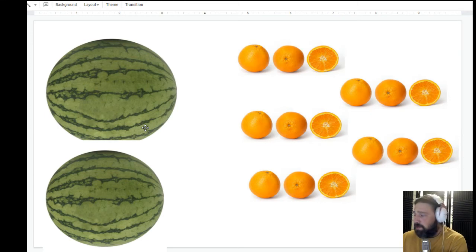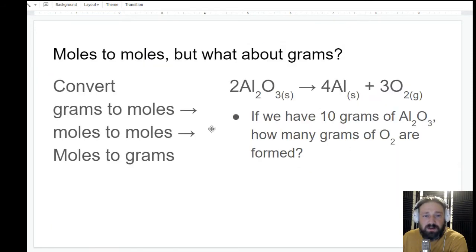Pretty easy. You just get out your triple beam balance and weigh it. How hard is it to get the number of atoms? A little bit harder. This is why in stoichiometry we need to go from grams to moles and then do our stoichiometry. So that's what we are going to be doing today.